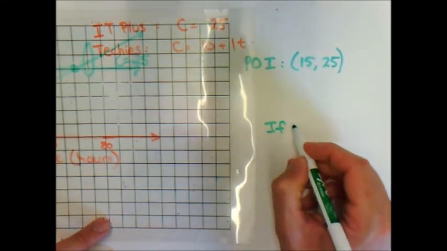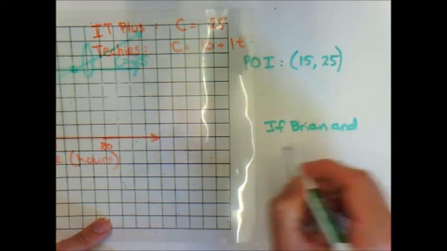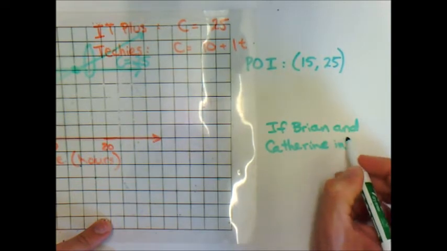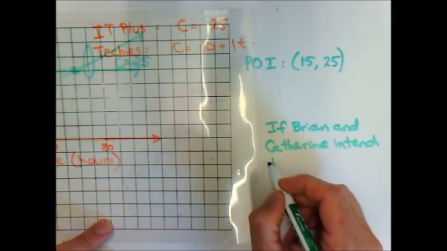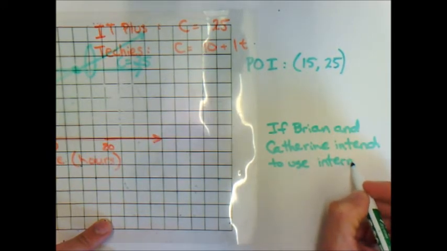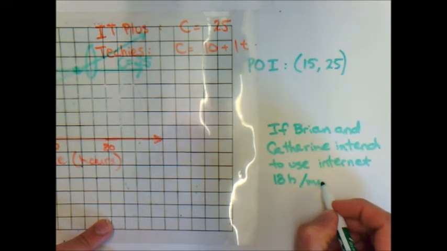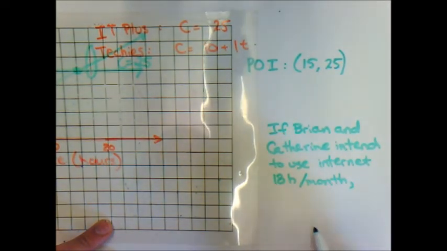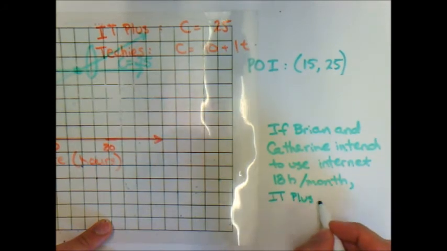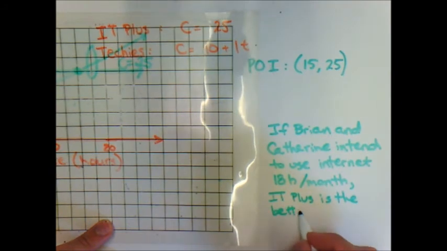If Brian and Catherine intend to use internet 18 hours per month, IT Plus is the better deal.